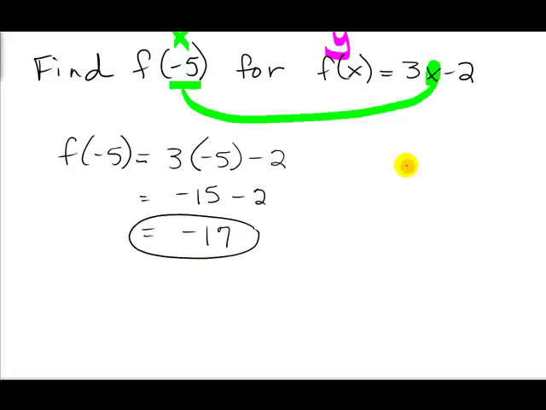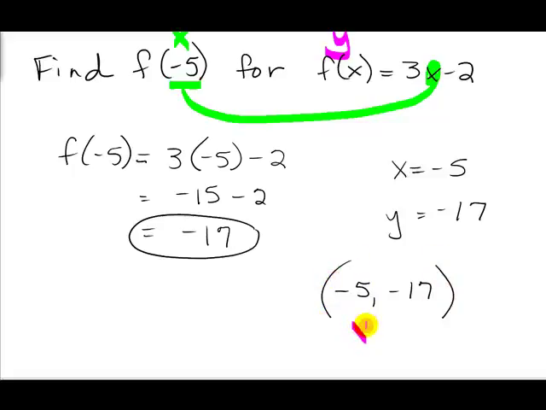And so to write an ordered pair, remember the x is the -5, and my answer here is the -17. So we would write it as (-5, -17). That's my ordered pair. Remember where x is always first and y is always second.